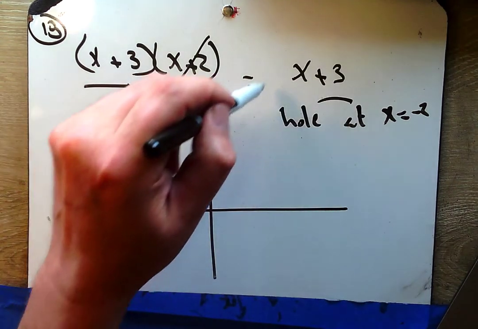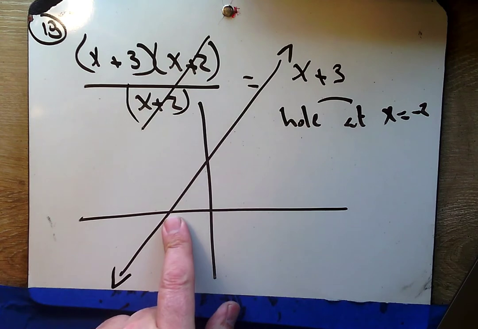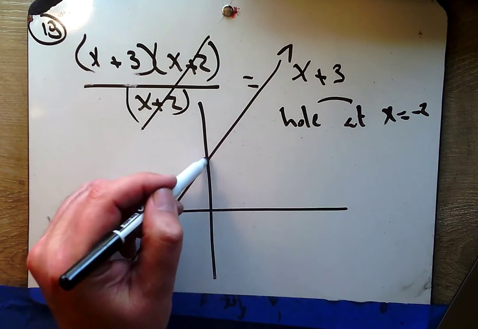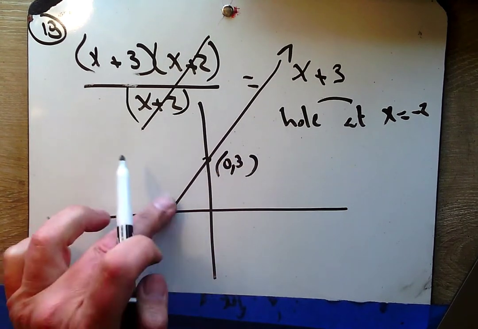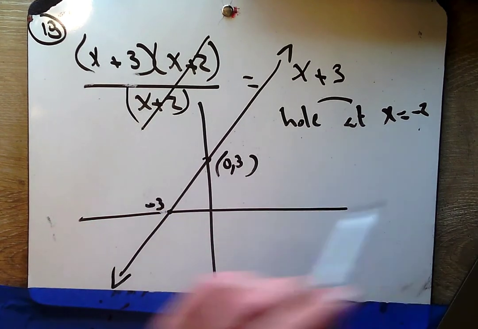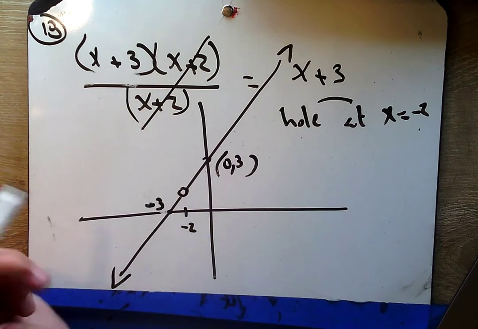So I'm graphing y equals x plus 3. What is my x-intercept here? It's negative 3. This is 0, 3, by the way. And our hole occurs not at negative 3, but at negative 2. So here's negative 2, and there's our hole.